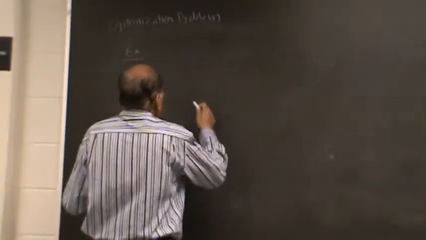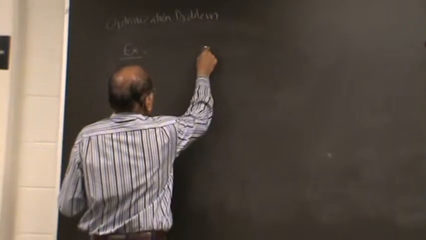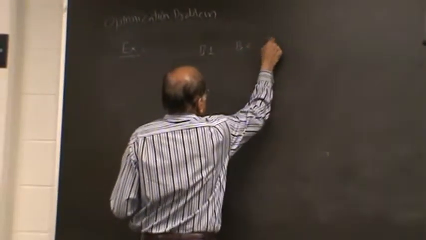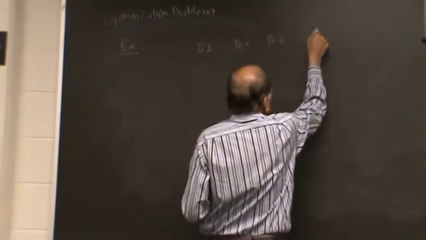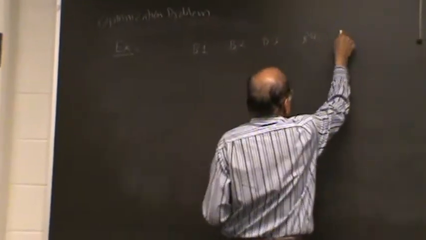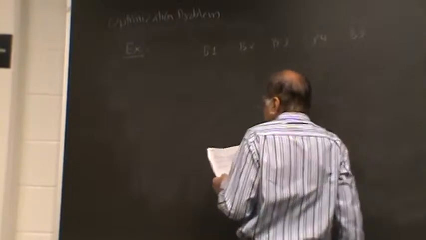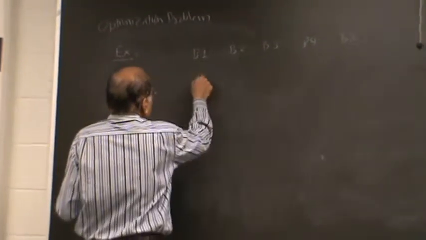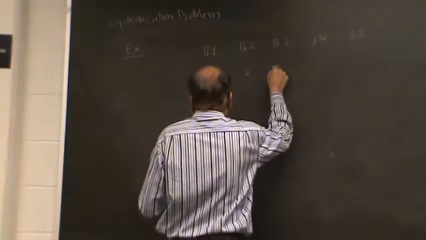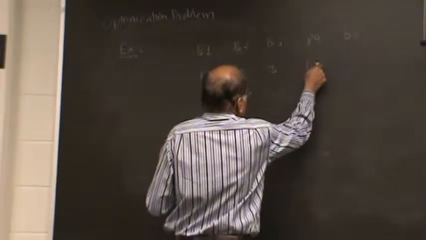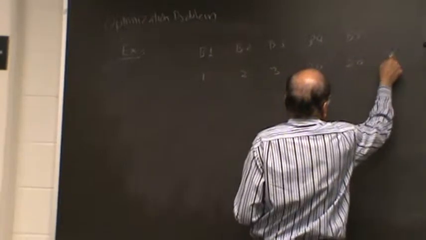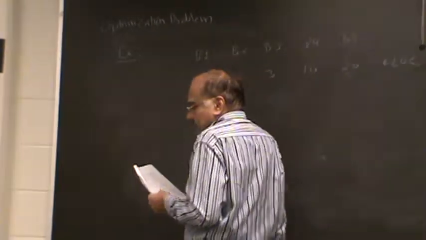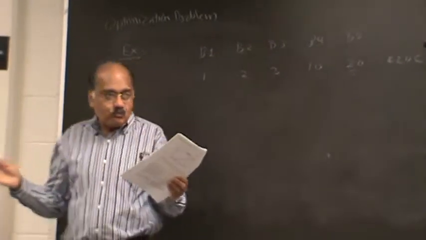Let us say we have these blocks, and let me call these blocks B1 to B5. We have these 5 blocks, and the sizes are 1, 2, 3, 10, and 20,000 lines of code. So the last, B4 and B5, are much bigger blocks of software.